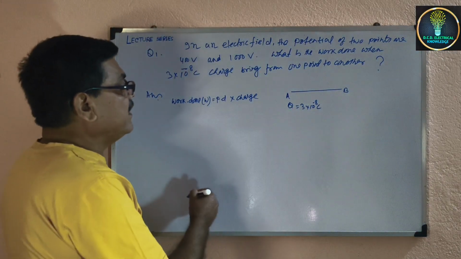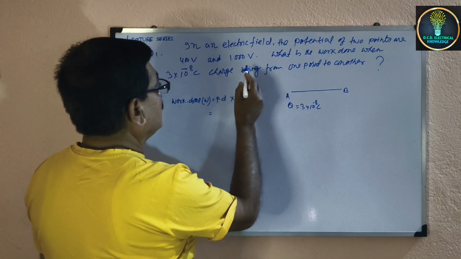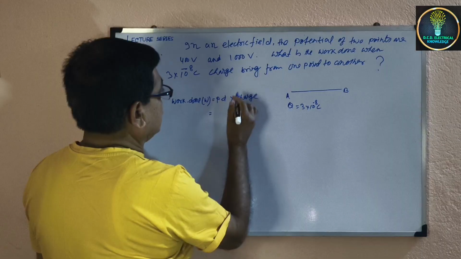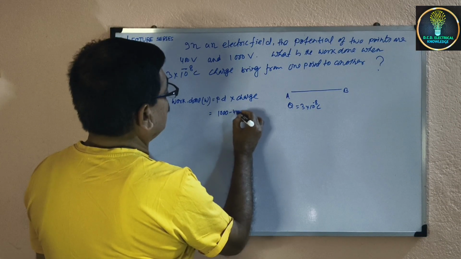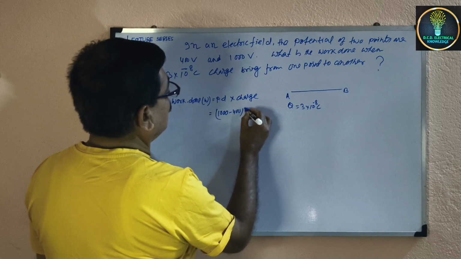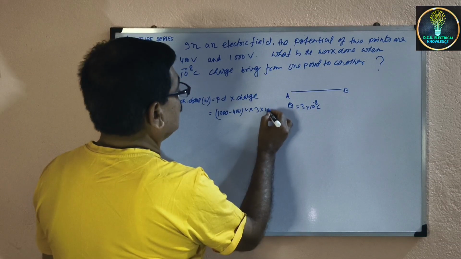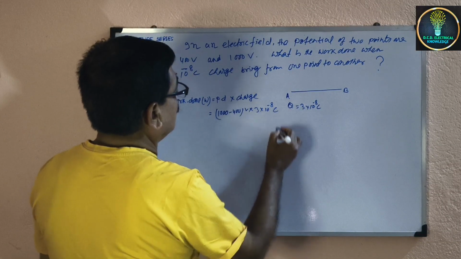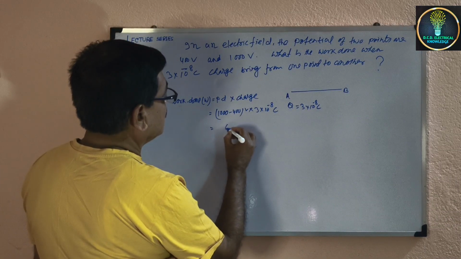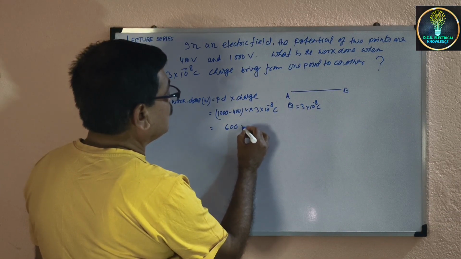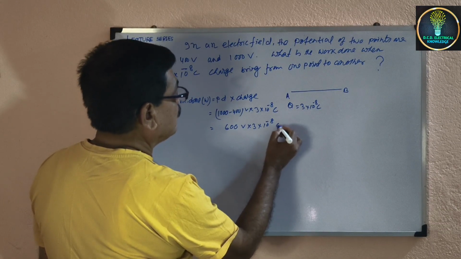Now, what is the PD here? The difference between the 2 points of potential difference is 1000 minus 400, that is 600 volt, into charge 3 into 10 to the power minus 8 coulomb.